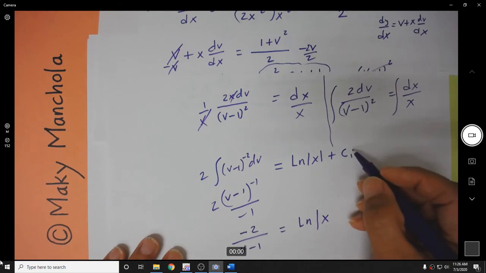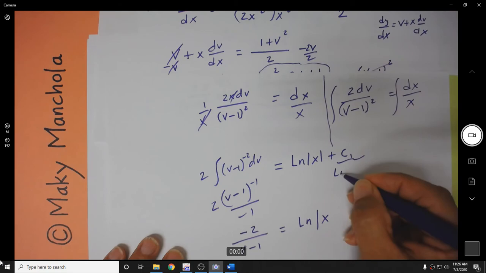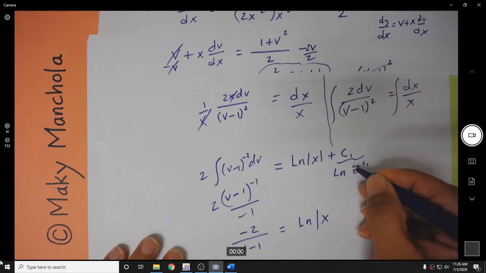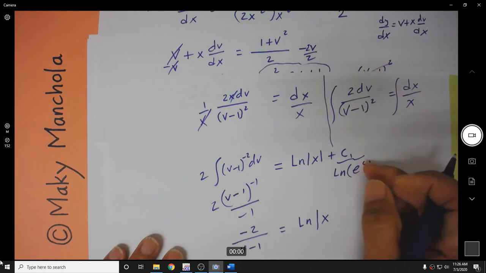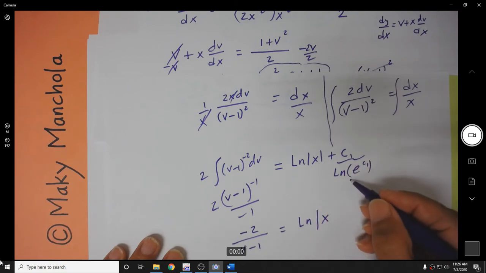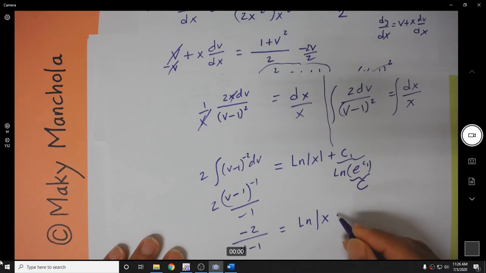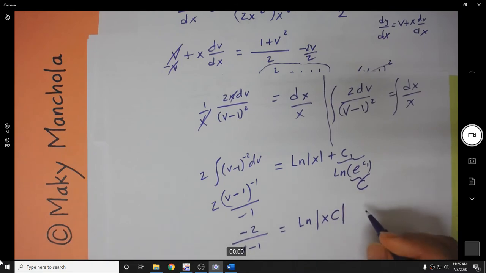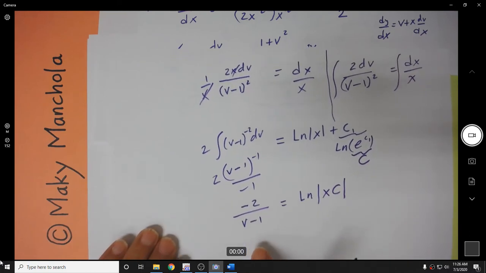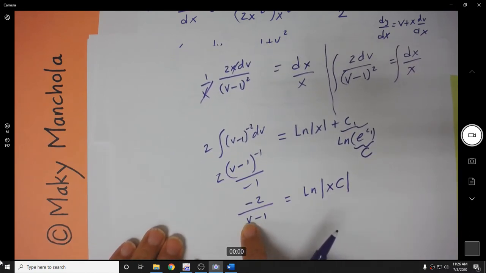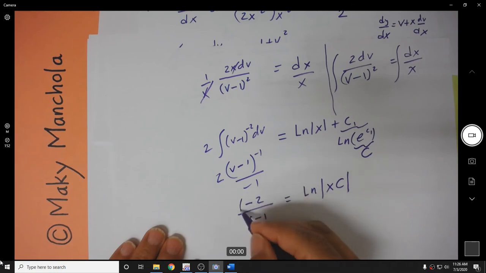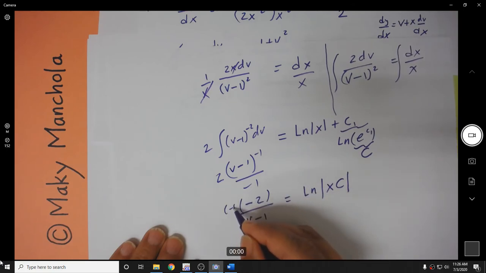Now, let me rewrite this as the natural logarithm of e to the C1. When I do that, I can absorb e to the C1 into this logarithm, but furthermore, that's just a constant. So we're going to call it just plain old constant C. A little bit of algebra: let me multiply top and bottom by negative 1.